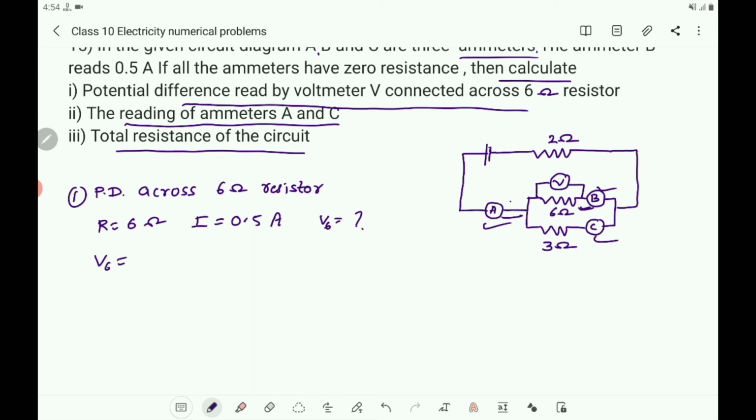You know that V is equal to R into I. So V6, R is 6 ohm, I is 0.5, so 6 fives are 30, so you can have 3 volts.